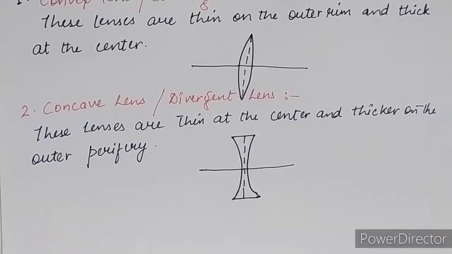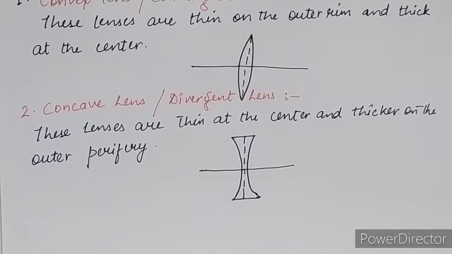Now think about the concept which we used in the mirror: the concave mirror is a convergent mirror and the convex mirror is a divergent mirror. In this, the opposite phenomenon is used: the convex lens is the convergent lens and the concave lens is the divergent lens. The concept is just vice versa.